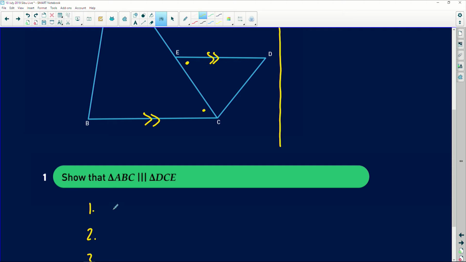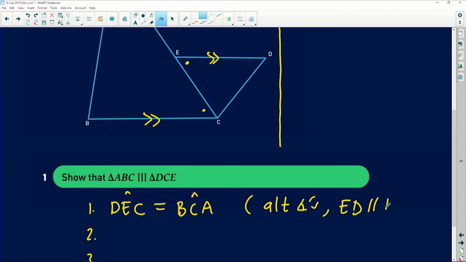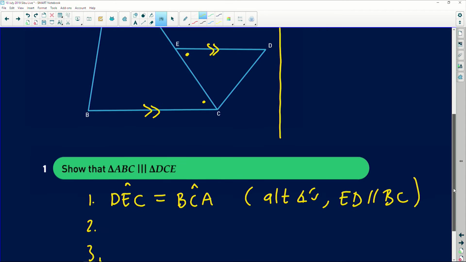So I'm going to say that angle DEC is equal to the second angle here that you have as a dot there, which is basically BCA. And the reason for this is because these are alternate angles, since the line ED happens to be parallel to the line BC. That is the first one.